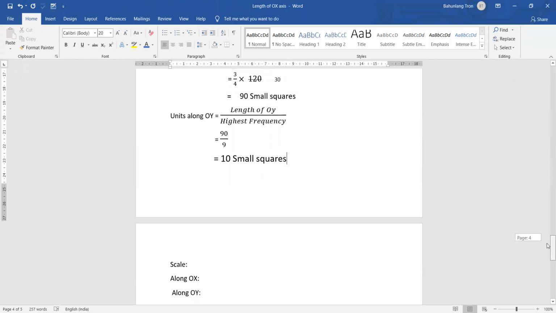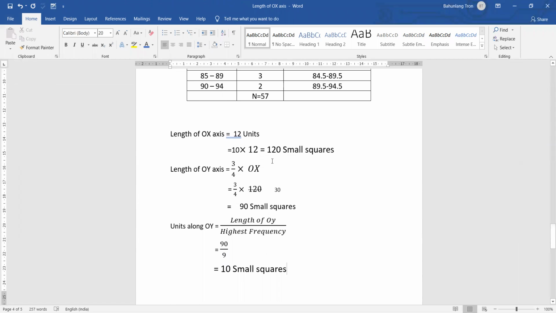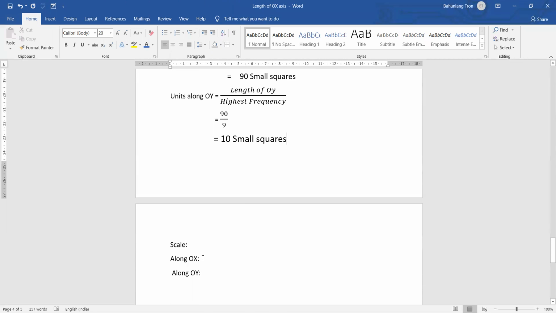Okay, so along OX 12 units. So if there are 12 units or 120 small squares, it means that we are taking 1 unit or 10 small squares is equal to 1 in class interval.